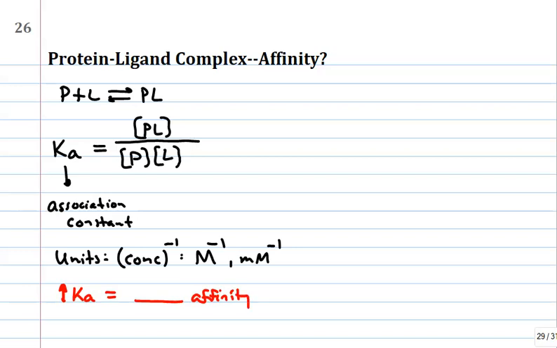Well, if you increase Ka, that's telling you at equilibrium the ligand is going to spend a lot of time bound to the protein, because you have a high value of Ka, and the protein-ligand concentration is on top here. So as you increase Ka, or as you increase affinity, I guess, Ka will increase. And so higher Ka, higher affinity of ligand for the protein, and so this will be tighter binding.